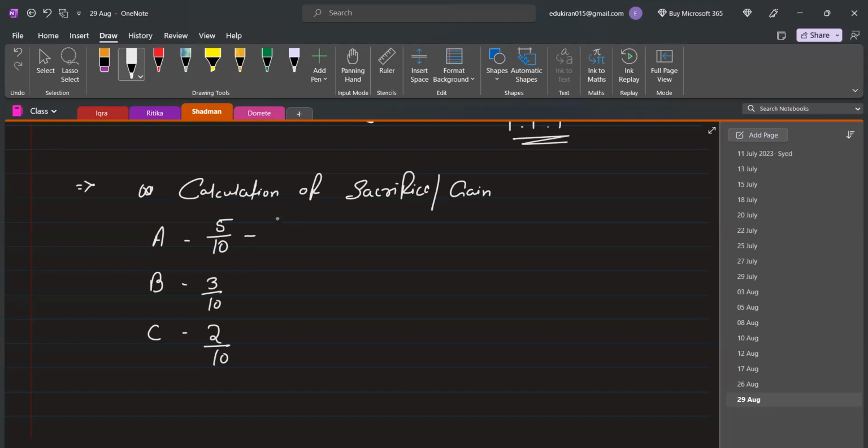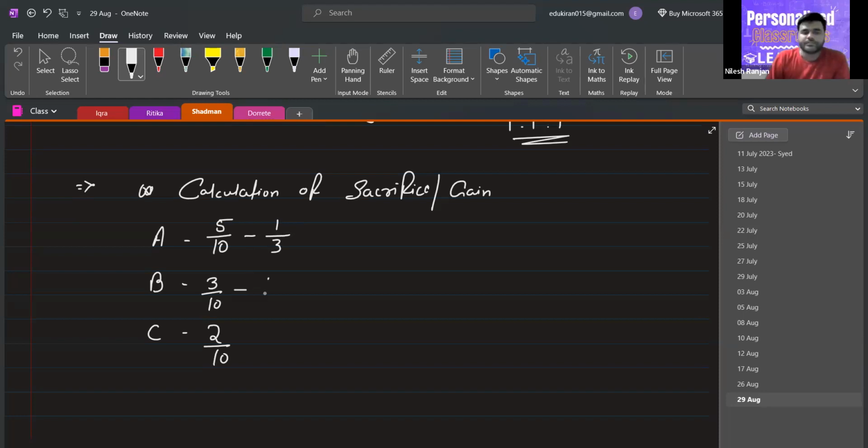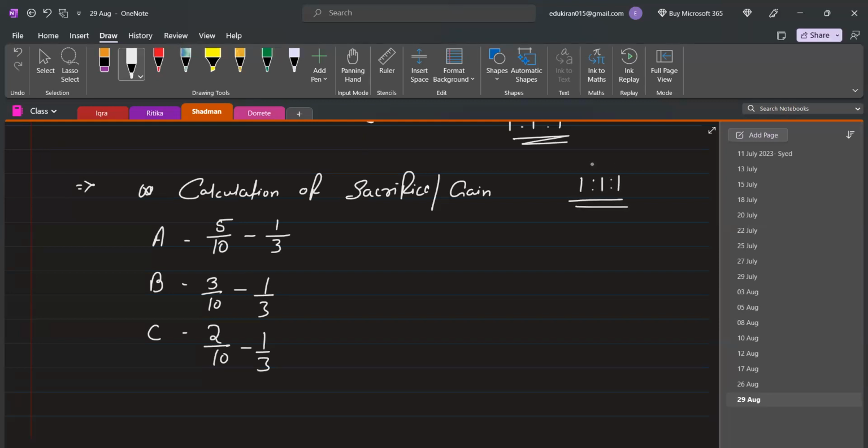The new ratio is 1:1:1, so 1/3. Why will we do 1/10?